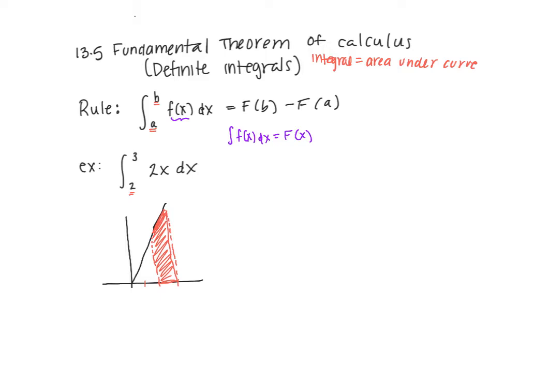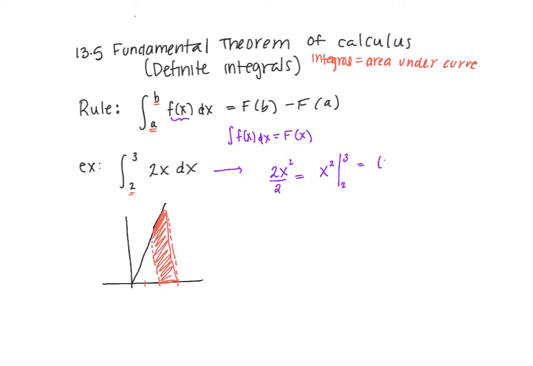So let's do this example here. The integral of 2x is 2x squared over 2, which is just x squared. Now instead of putting plus c, I am going to evaluate it from 2 to 3.